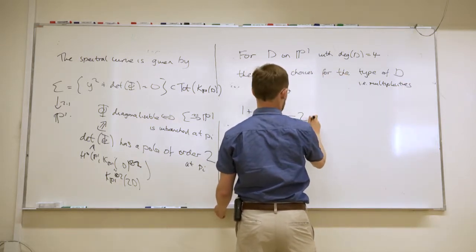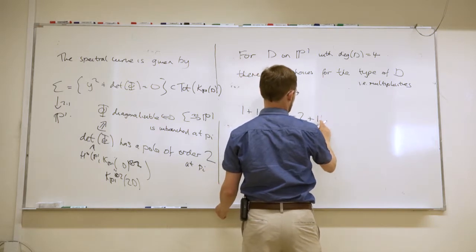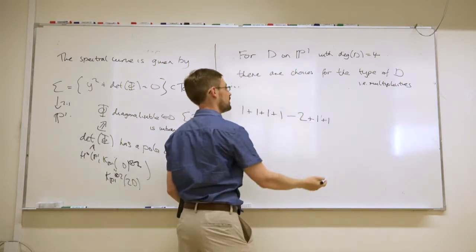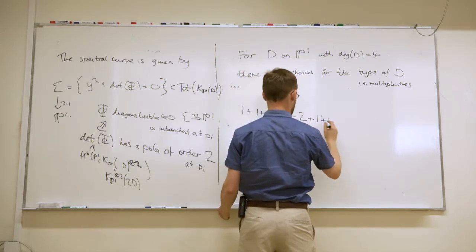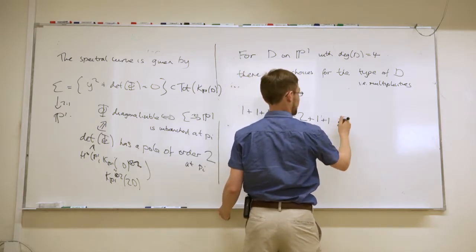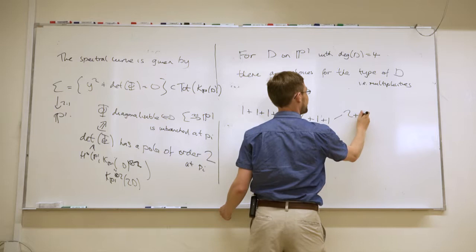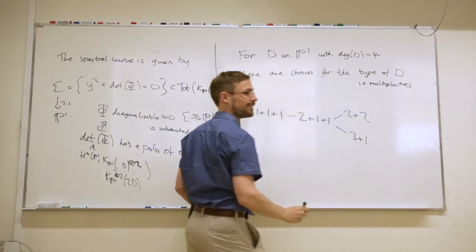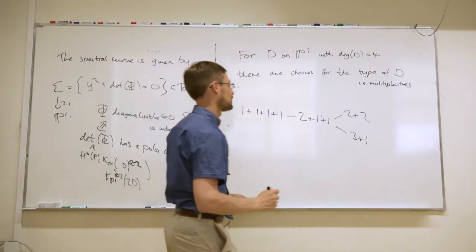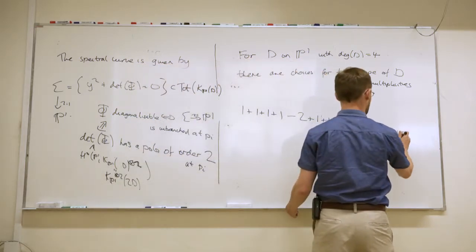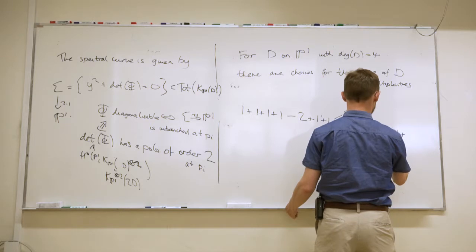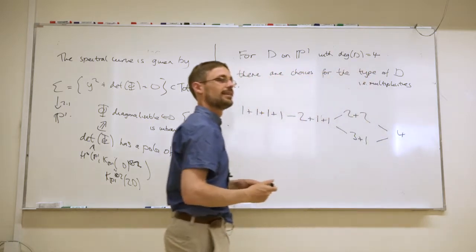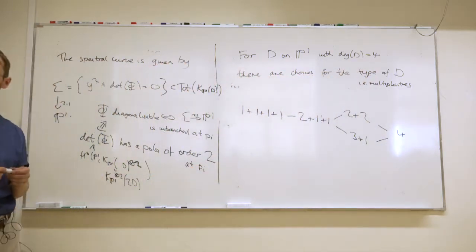And then you can start to make these coalesce. One can have 2 plus 1 plus 1, and then one has a few choices. One can have 2 plus 2, and one can have 3 plus 1. And then both of these can coalesce to give you a single point of multiplicity 4.